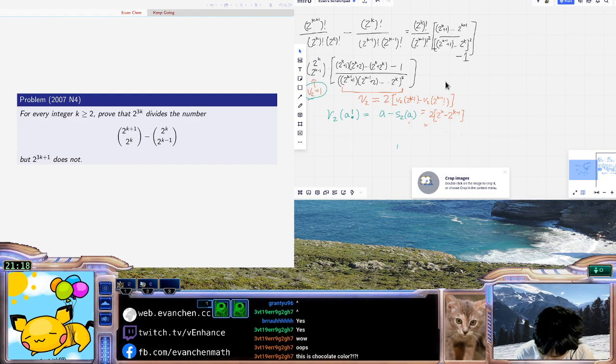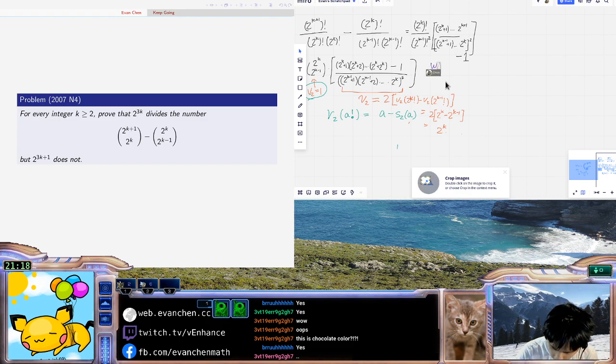So apparently this is actually pretty big. It's equal to 2^k? Is that right? Did I mess that up? Let me check a case: 5, 6, 7, 8, 14. Okay, cool. So that means I can just focus on the top now.